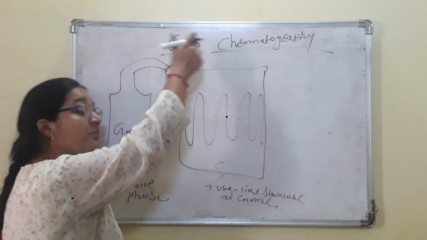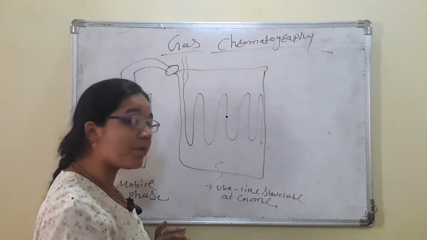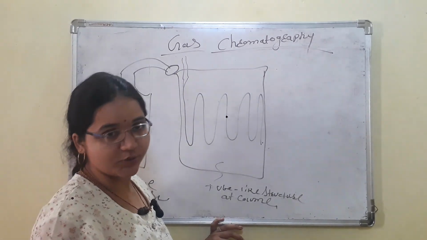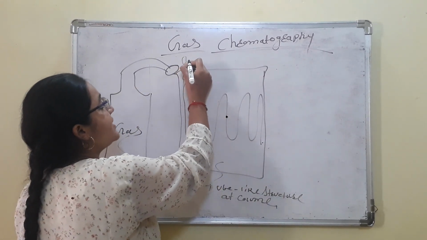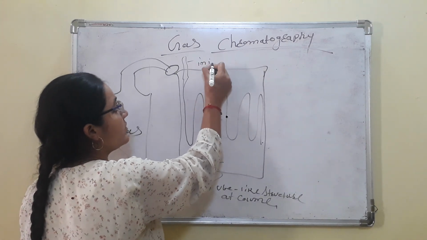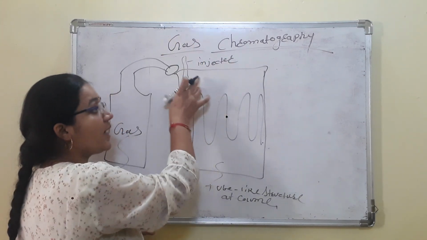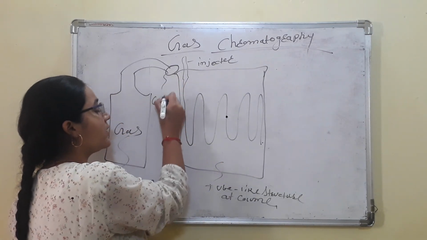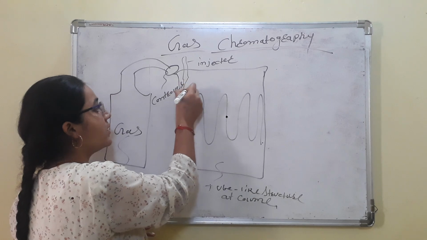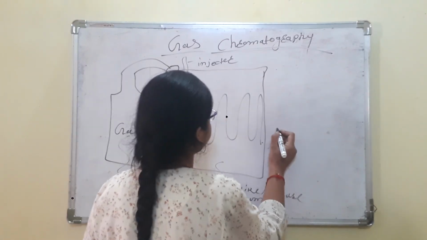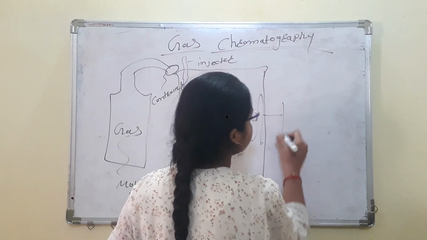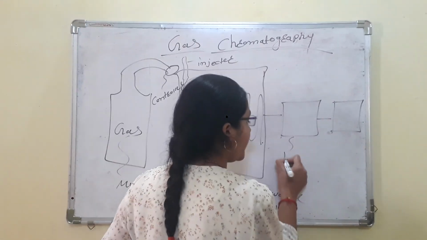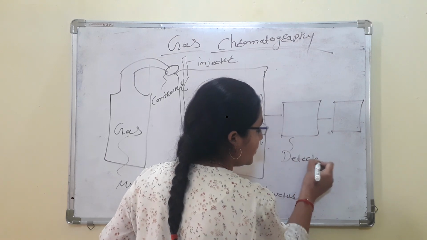It is used for the separation of different types of components, for example protein, DNA or nucleic acid also. This is our injector, used to inject different types of sample into this column. This is our controller. This is our detector to detect the sample, and the computer.